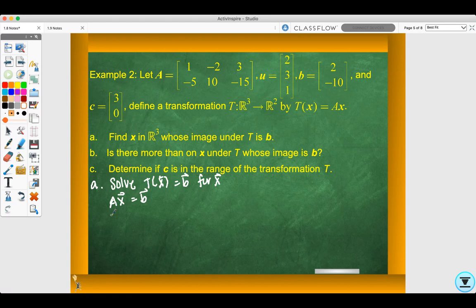So I know that A is 1, -5, -2, 10, 3, -15, X would be x1, x2, x3, because they say R3, and b is 2, -10.